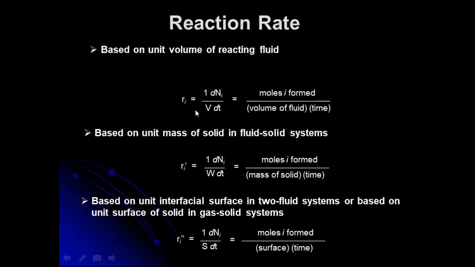But, Josh, this R sub I prime and this R sub I double prime are representations only that were used by the textbook. You can simply represent R sub I prime by R sub I only, as long as you have defined the units after you have written the reaction rate.